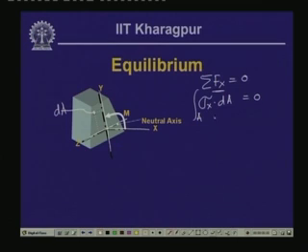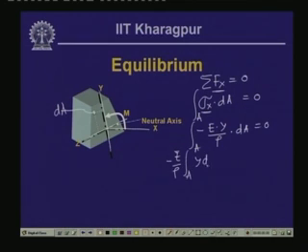Now, sigma, as we have seen, is equal to minus E y by rho, times dA, integrated over the area, is equal to 0. If we take out these two constants, E by rho, then the integral over area A of y dA is equal to 0. Now, we can write this as A y bar times this constant value E by rho, which is equal to 0.